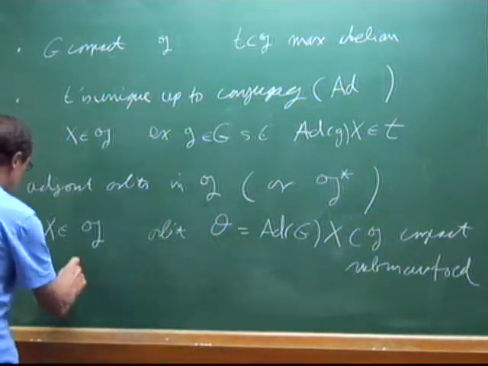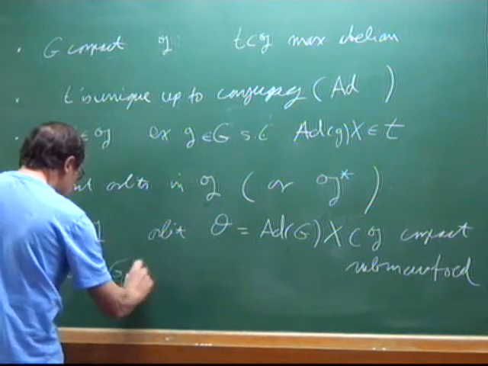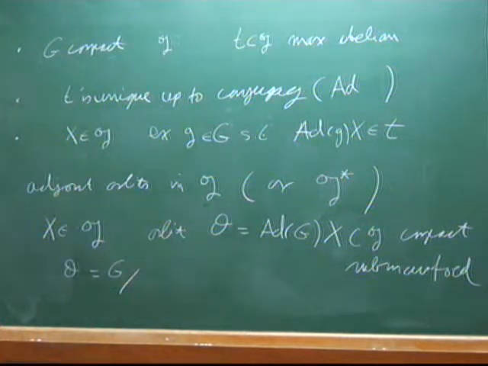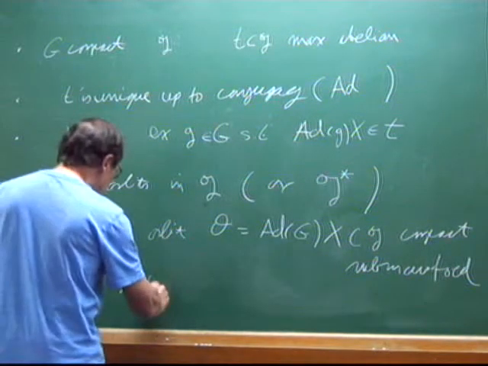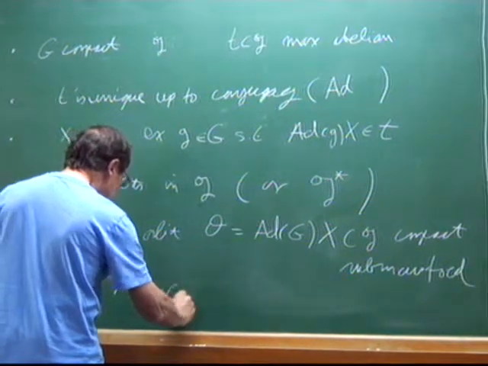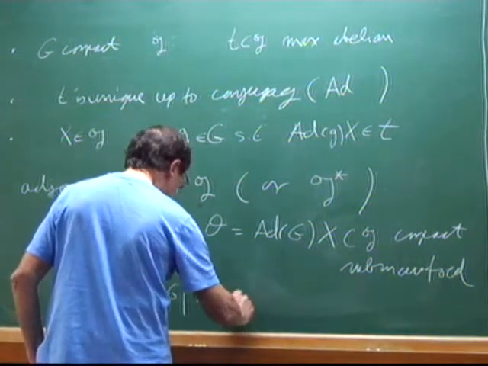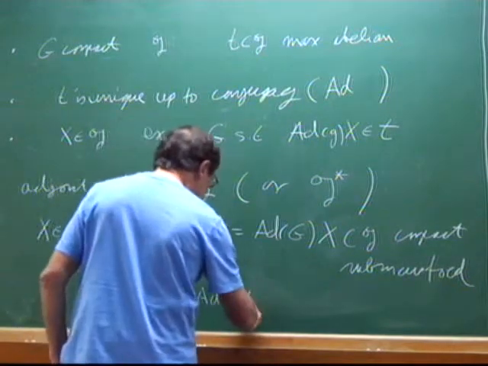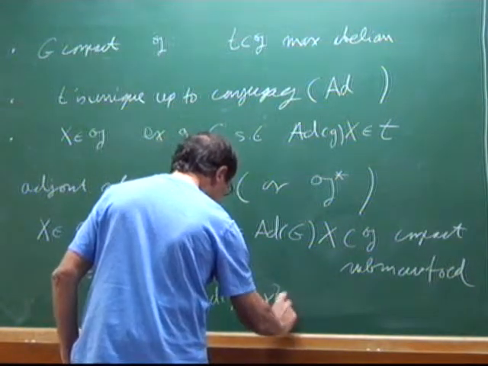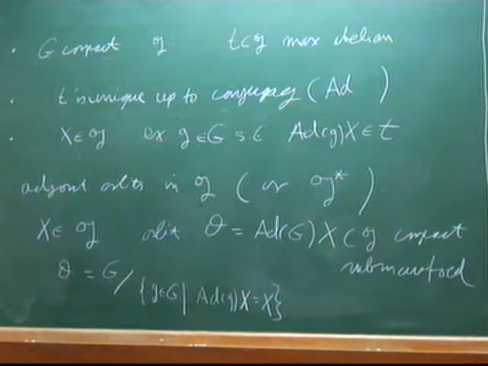By definition, this orbit is the group G divided by the stabilizer, right? So divided by the subgroup of those elements g such that Ad_g fixes X. So that's a stabilizer.